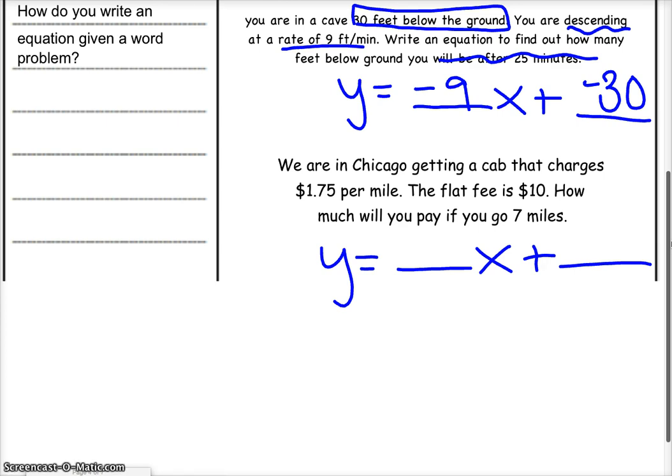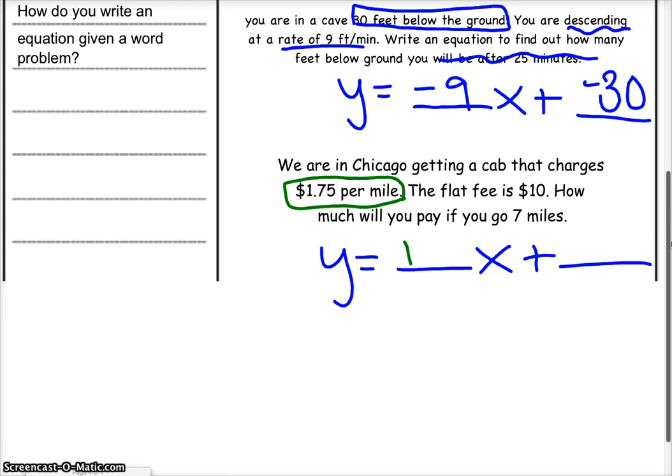You are in Chicago, you're going to get a cab. It charges $1.75 for each mile. It has a flat fee of $10. How much will you pay if you go 7 miles? Meaning, give me the equation. So, what's my rate? What's changing? Yeah, my miles. I can go 1 mile, I could go 100 miles.